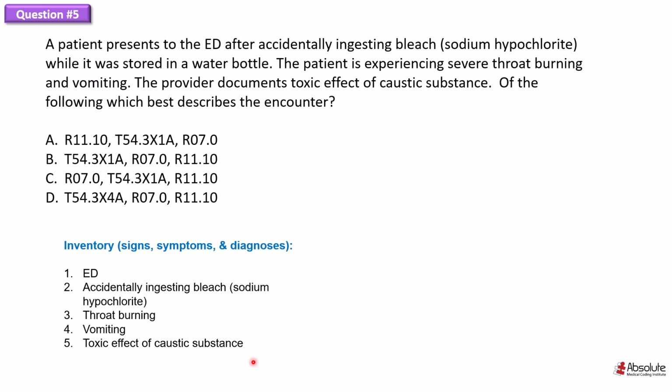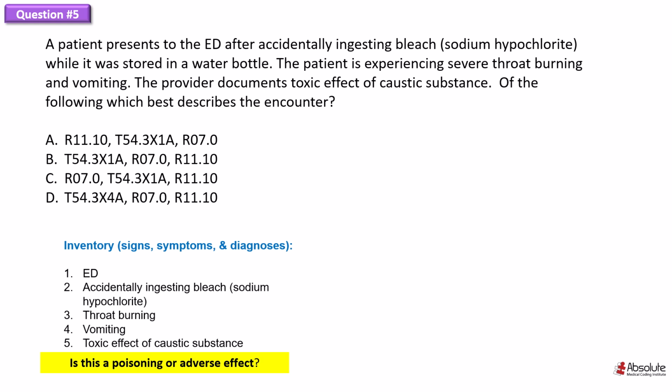Now, you coders will need to determine, is this a poisoning or is it an adverse effect? So, we know that the provider said that this is a toxic effect of caustic substance, but is that a poisoning or an adverse effect?